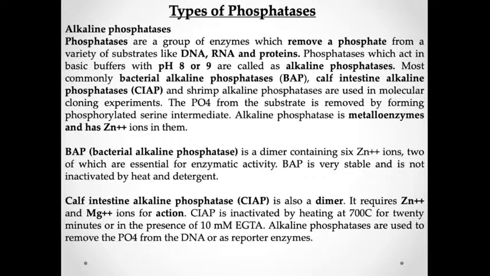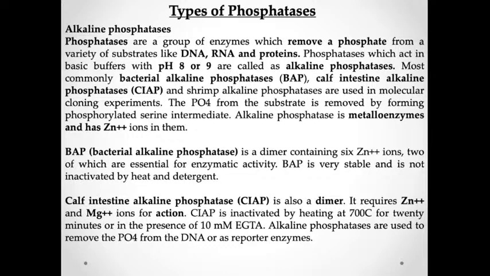They are mostly used in molecular cloning experiments, and the PO4 is removed from the substrate by forming a phosphorylated serine intermediate. Alkaline phosphatases are metalloenzymes and have zinc ions in them.